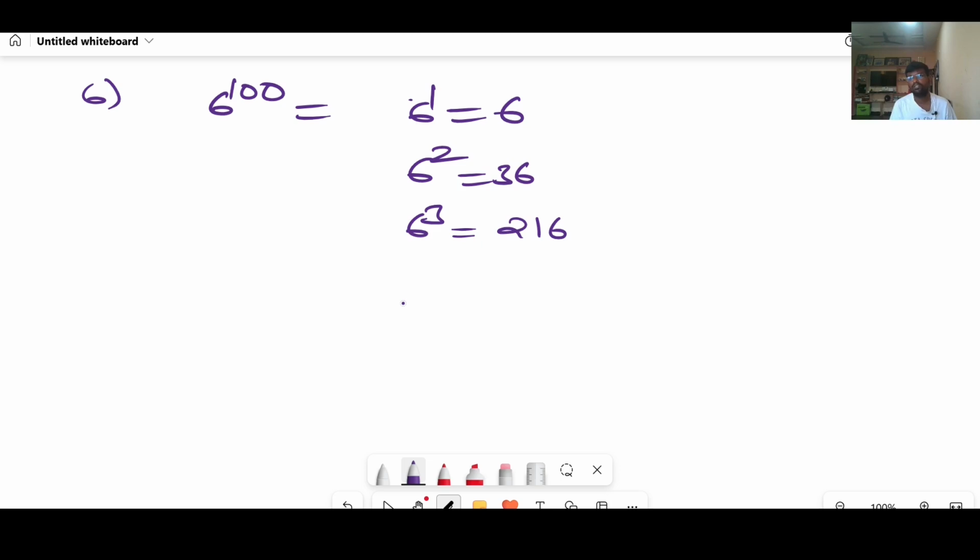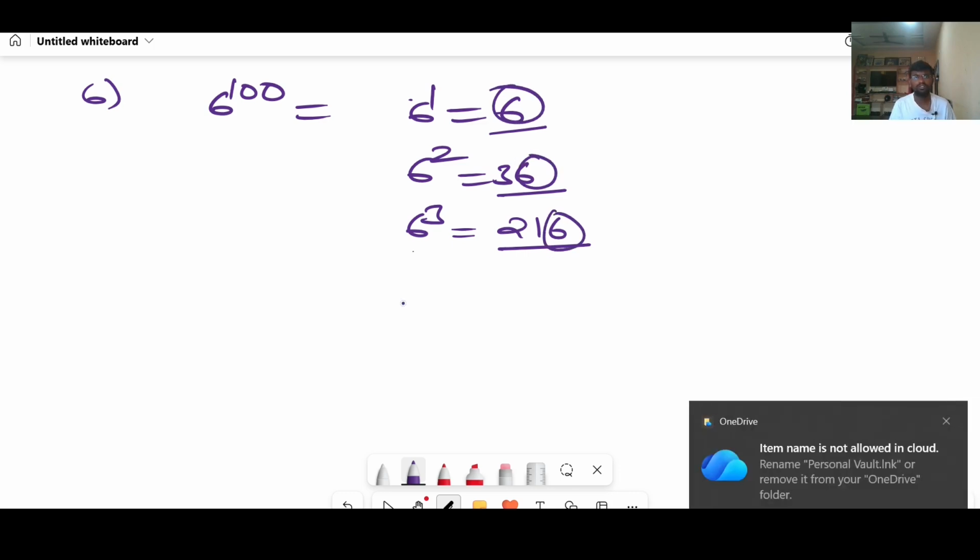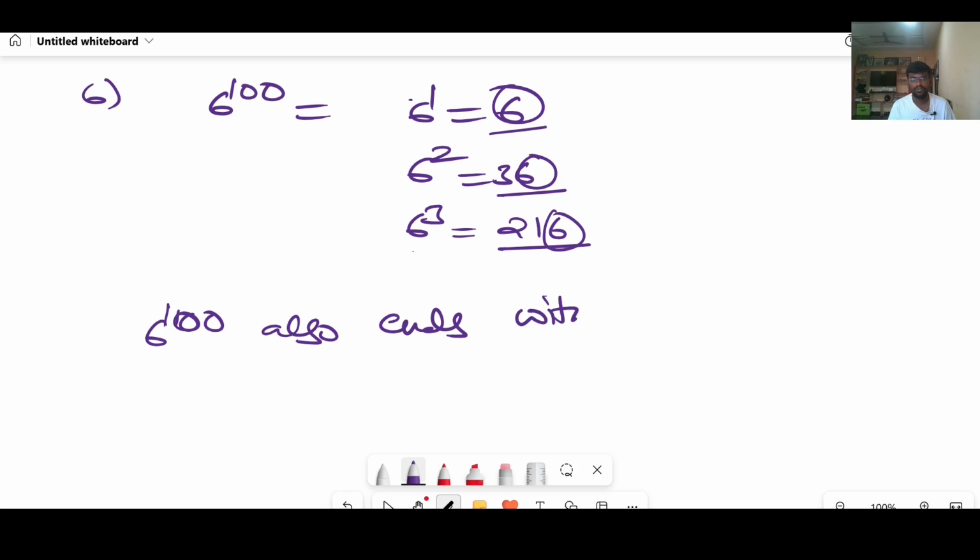Any power of 6 ends with 6, therefore we can conclude that 6 power 100 also ends with 6. Clear?